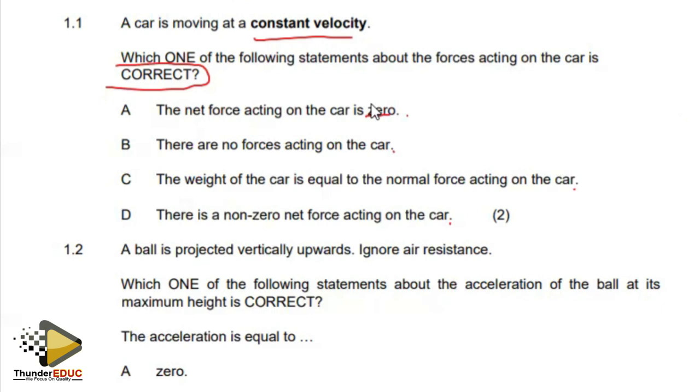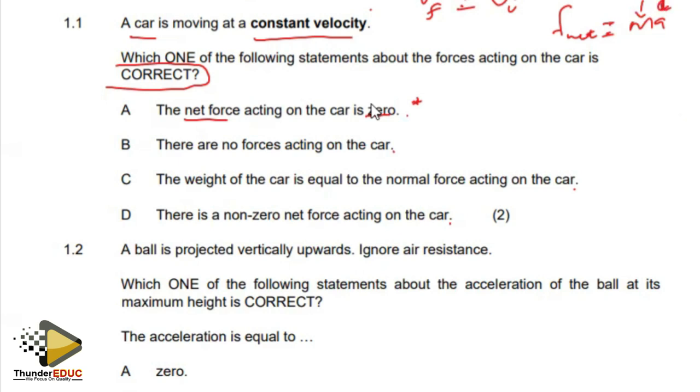One thing we know is that for as long as a car is moving at a constant velocity, the V final is the same as the V initial. Let's start with option number 1. They're telling us that the net force is zero. How do we calculate net force? F net is equal to MA, where M is the mass and A is the acceleration.